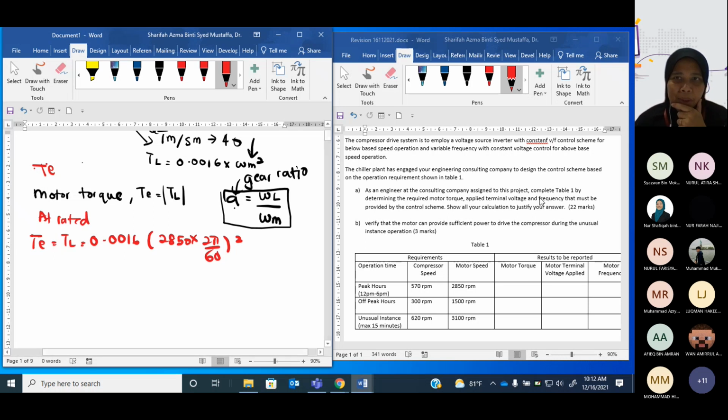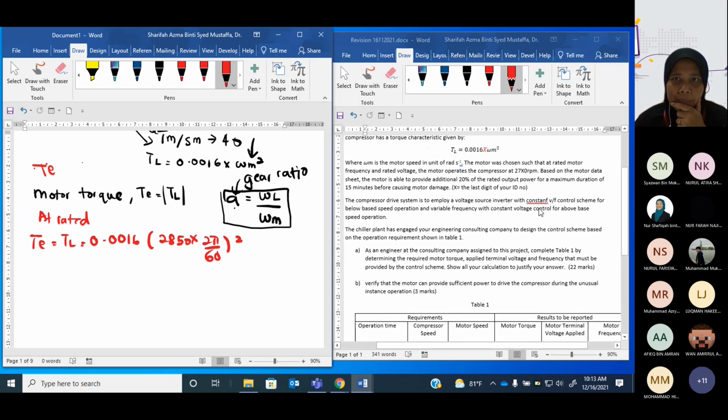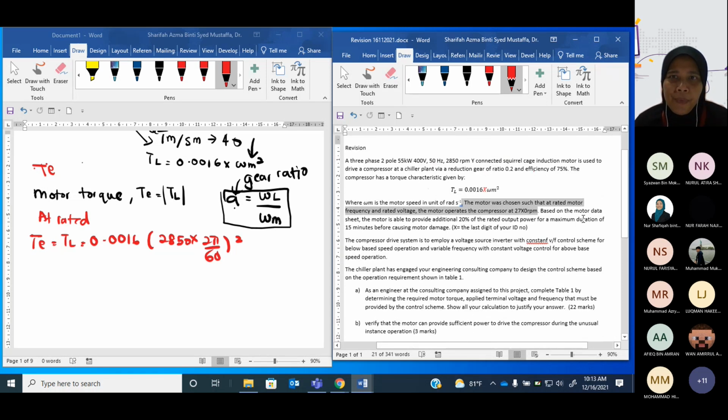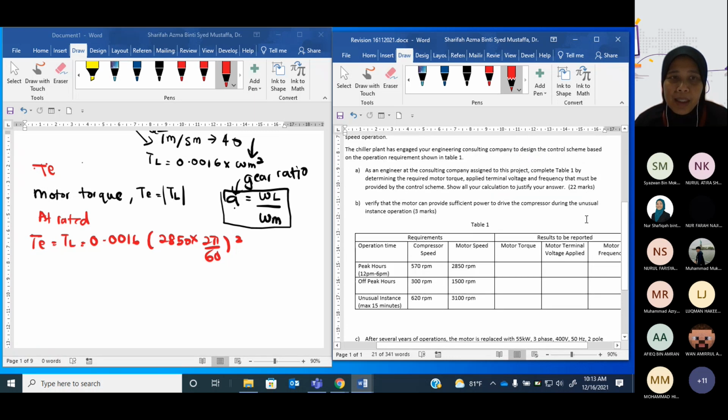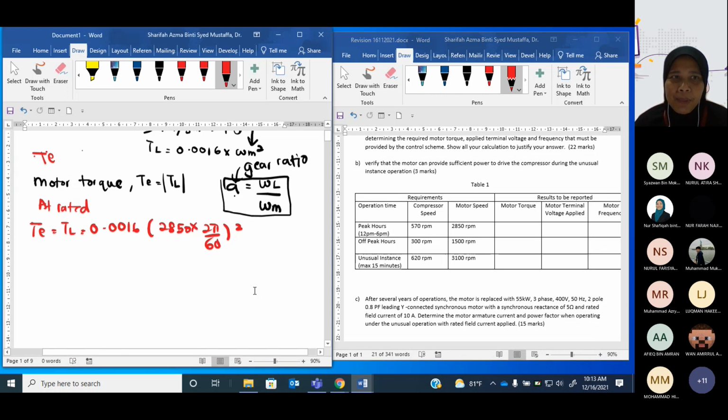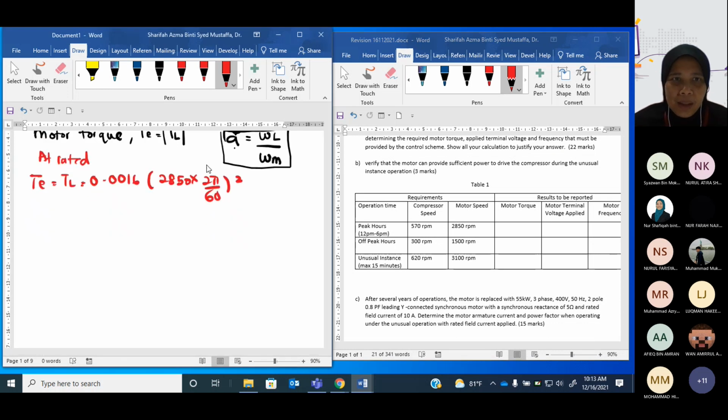But cuba baca soalan. Dia punya soalan, the motor was chosen such that at rated motor frequency and rated voltage, the motor operates the compressor at 27x0 RPM. Dia tak cakap pun the motor operates the compressor at rated speed. Kau nampak tak? So kalau macam ni, betul ke salah ni?